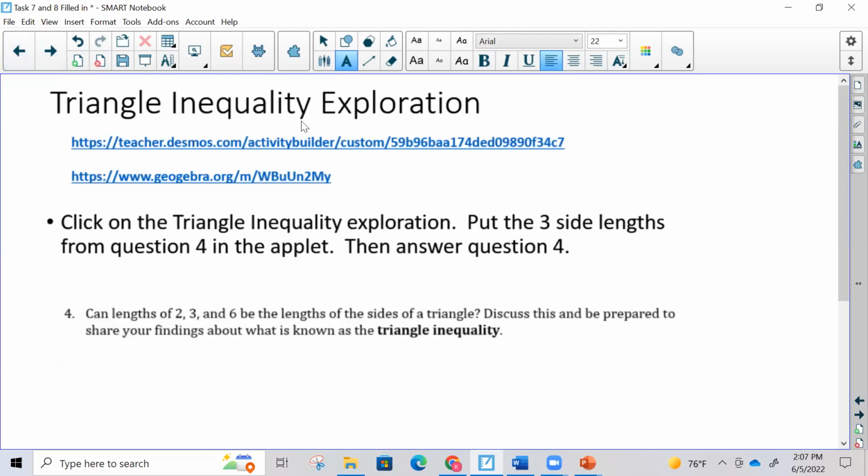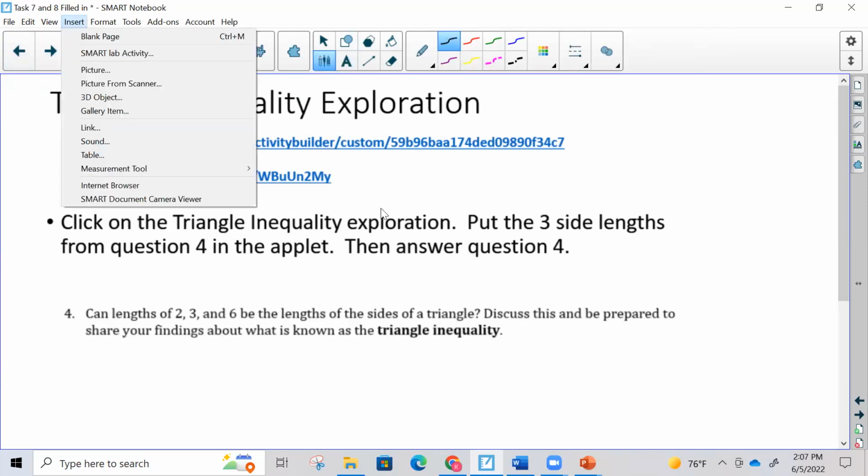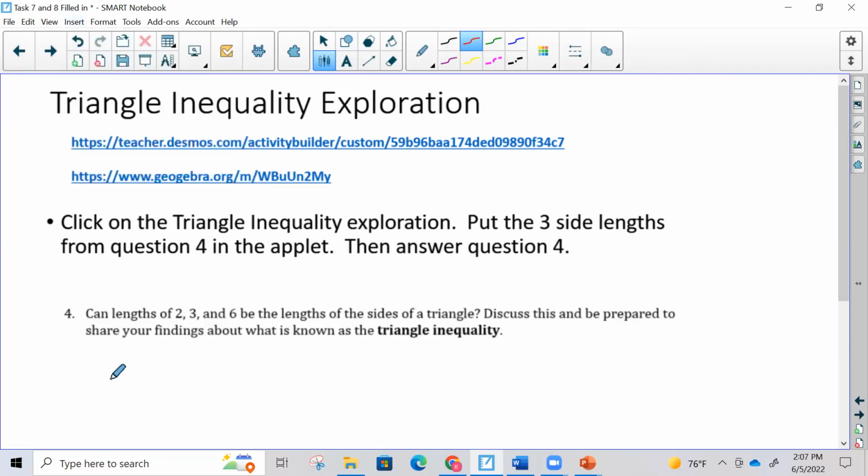And if we come back to this question, just to answer it, can the lengths of 2, 3, and 6 be the length of sides of a triangle? And the answer is no, because 2 plus 3 equals 5, which is less than 6. And so the sum of two sides is not greater than the third.